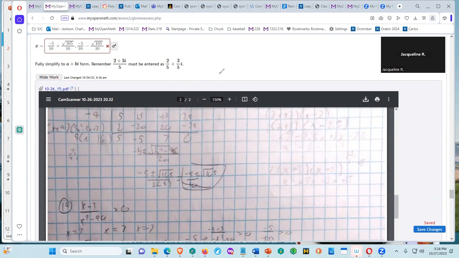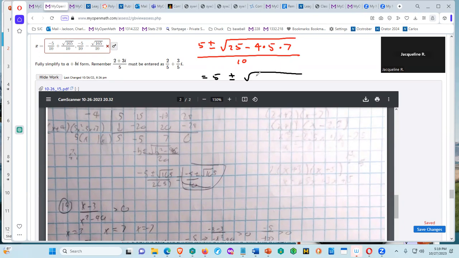But it would have been minus b plus or minus square root of b squared minus 4a times 3, all over 2a, which is 5 plus or minus square root of 25 minus 140, all over 10. And that's where the problem was.